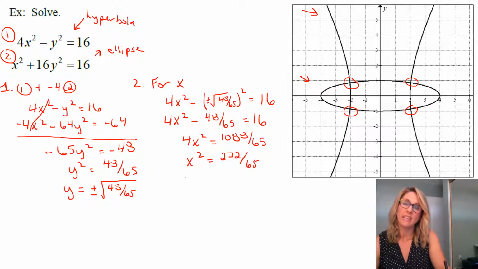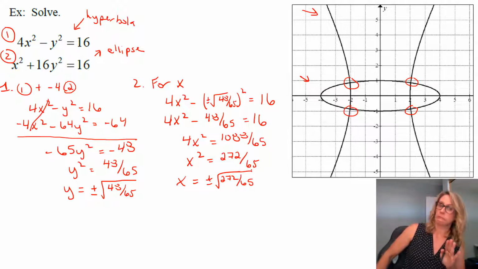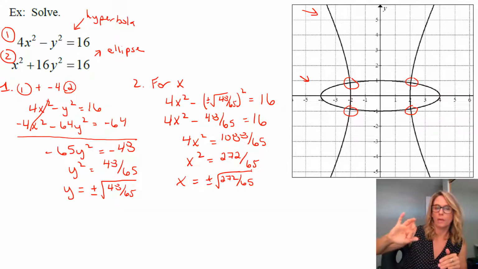Then we have to take the square root again, so plus or minus the square root of 272 over 65. What you want to see now is that we have two y values, and two x values. Whether we put in the positive y value or the negative y value, it's going to give us both x values.